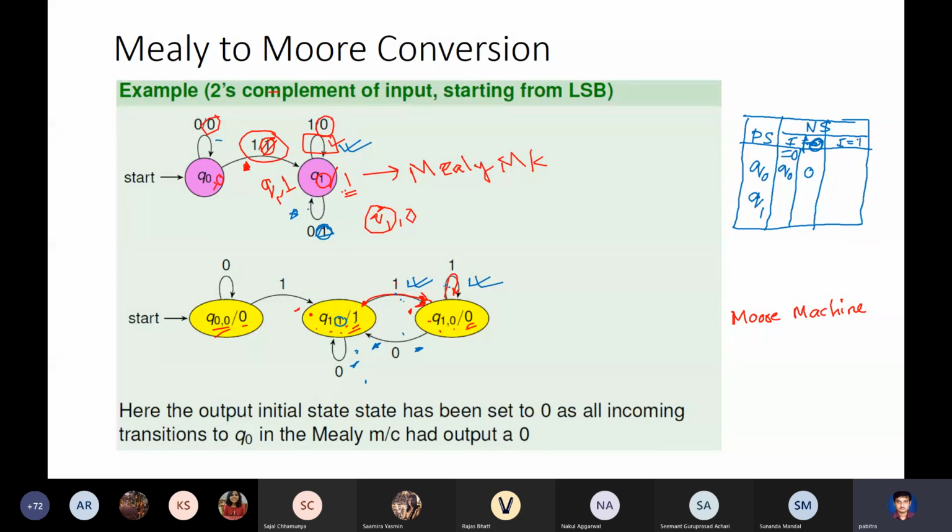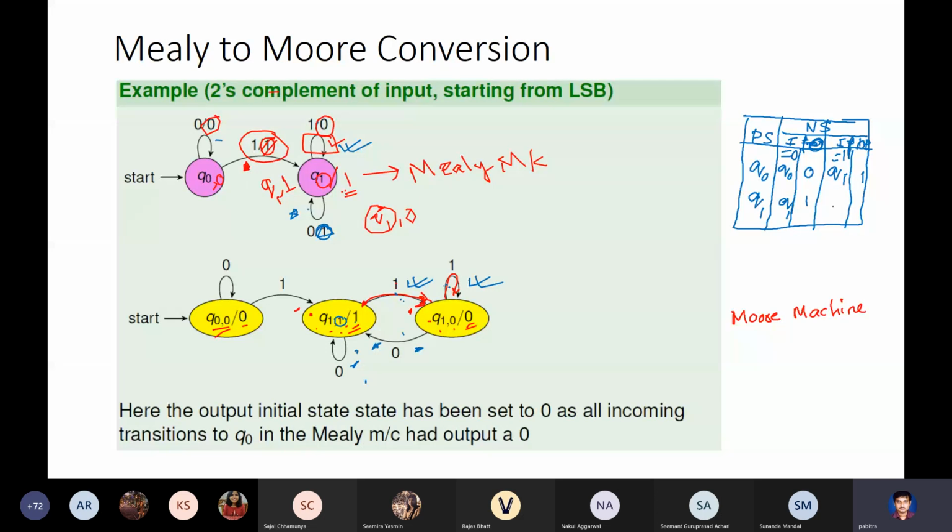Q0, on receiving an input of 1, goes to Q1 and produces an output of 1. When I'm in Q1, on receiving an input 0, it's back to Q1 and produces an output of 1. Similarly, on receiving an input 1, it's back to Q0 and produces an output of 0. Okay, so this is the Mealy machine.